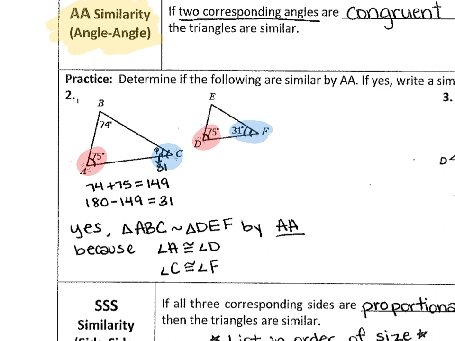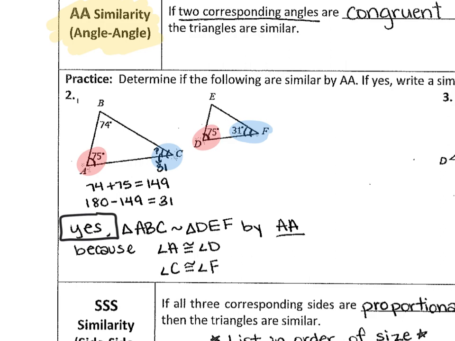So even though only angle F was marked as 31 degrees, what does that mean we know angle C is? 31 degrees. If I have two angles that are the same, that are corresponding, that's when I can immediately go down here and say, yes, these are similar because I have those two angles that are the same. Boom, done. Make sense? Once you have two that are marked the same, you're good to go.